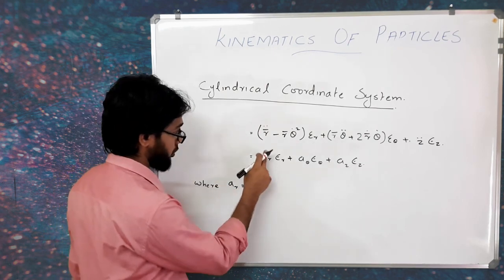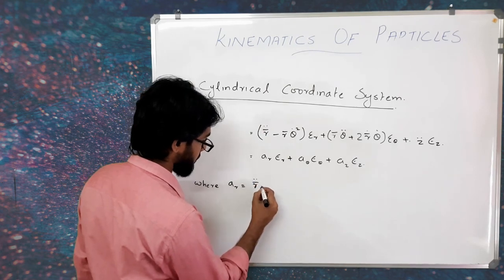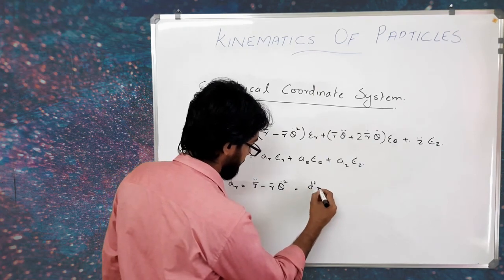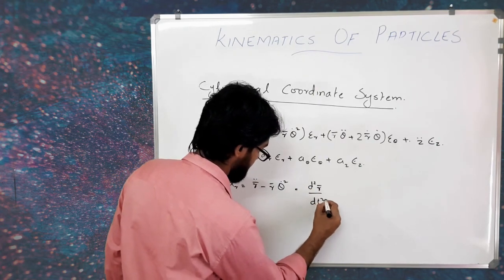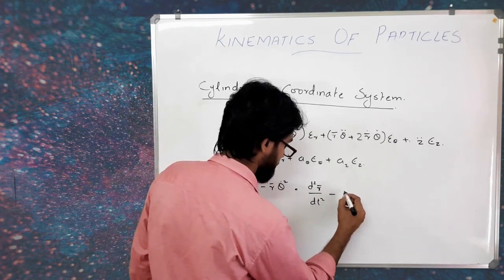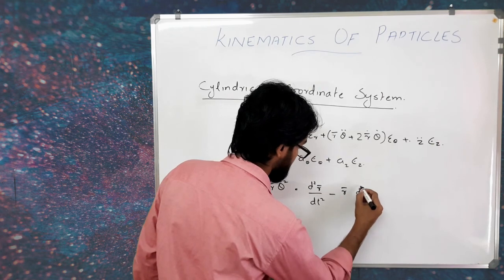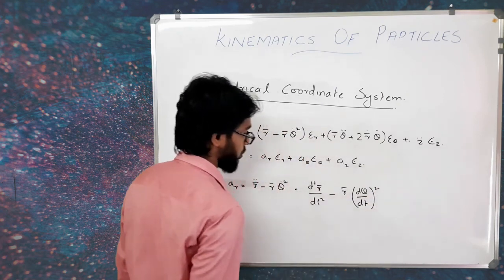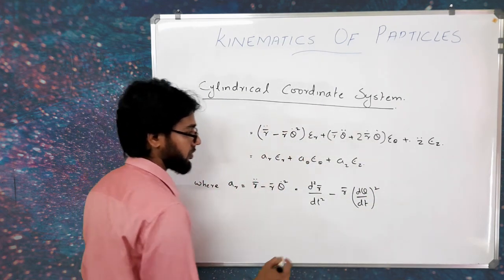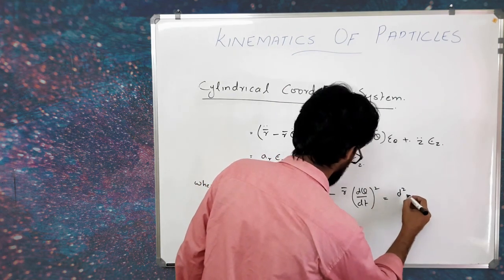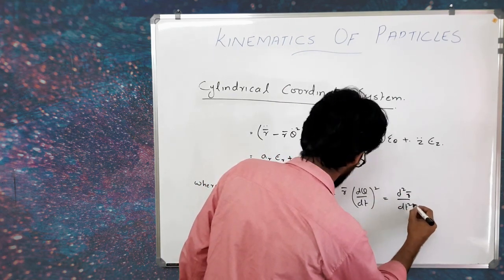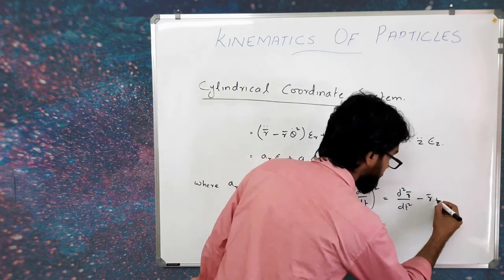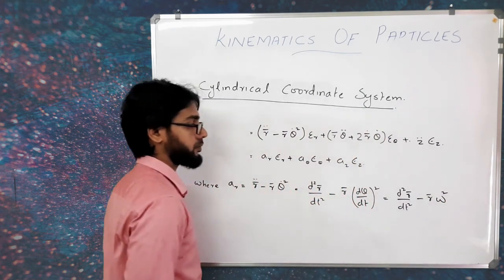Where ar is equal to r' double dot minus r' theta dot square, which I can write as d square r' by dt square minus r' d theta by dt the whole square, where d theta by dt is actually omega, so I can write it as omega square.